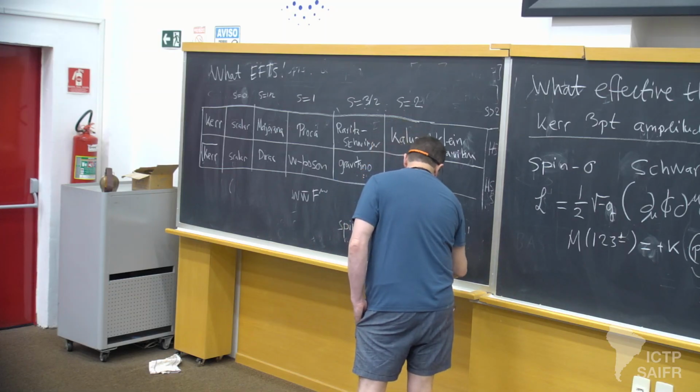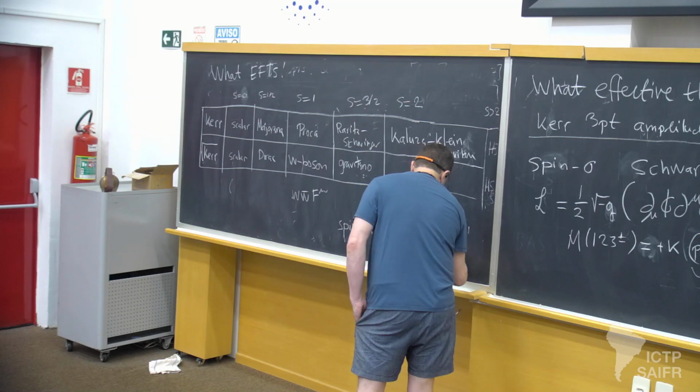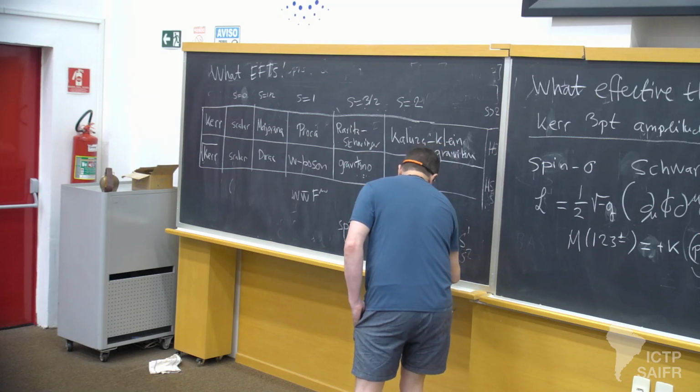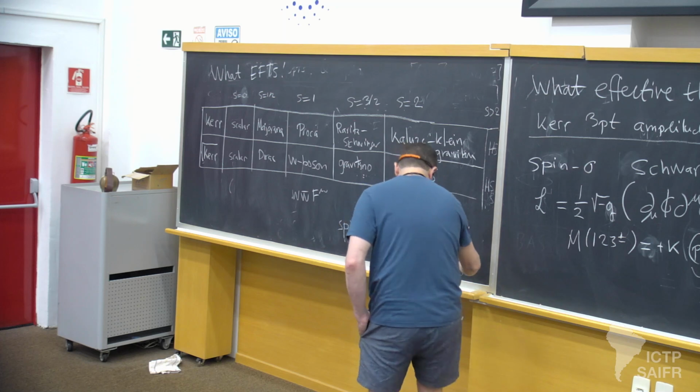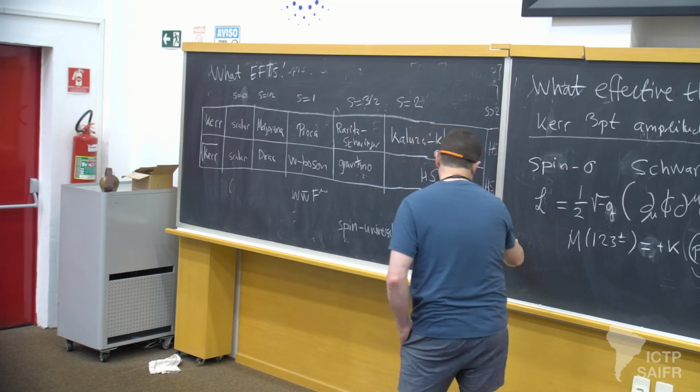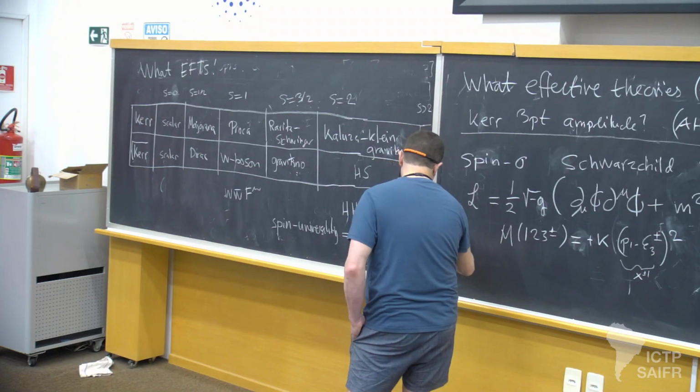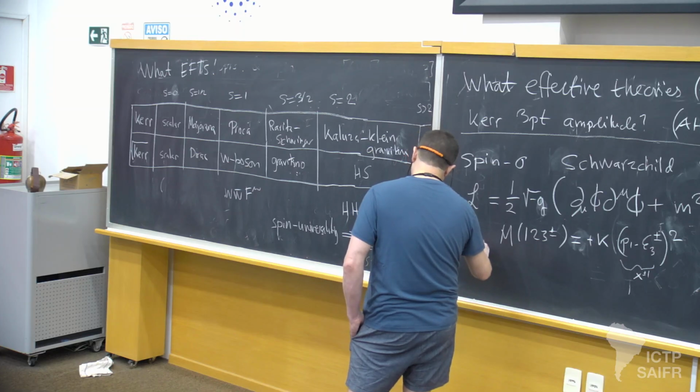From spin 1 you can extract the quadrupole, and from spin 3/2 you can extract the octupole, and likewise from spin 2 you can extract the next one.